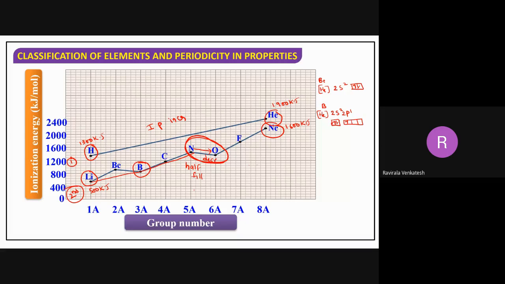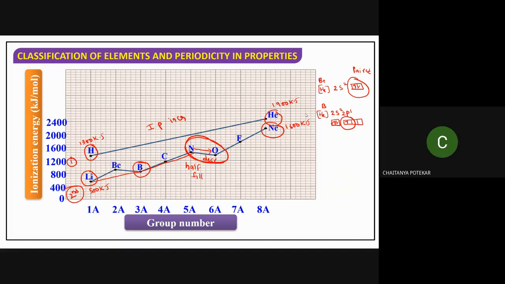Where you have a single electron, you can remove that electron very easily. Here it is a paired, completely filled electron. Now in which case is the ionization energy less, beryllium or boron?